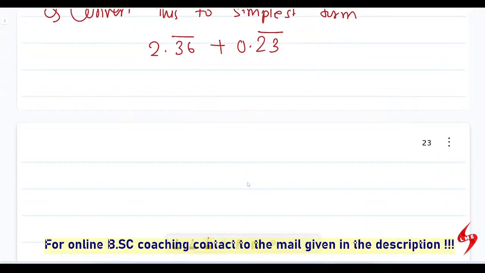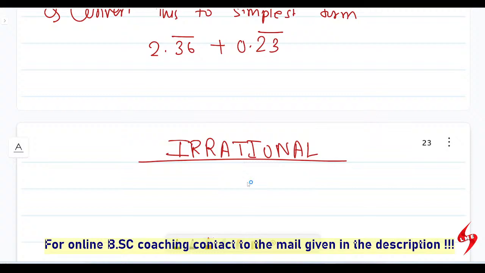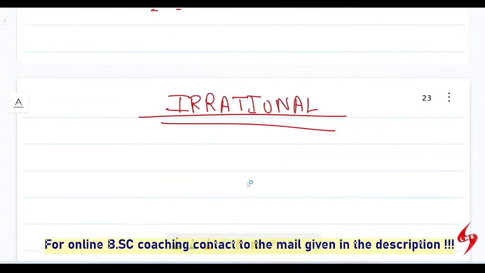Next topic is irrational numbers. So what are irrational numbers? Those numbers which have non-terminating and non-recurring decimal expression.